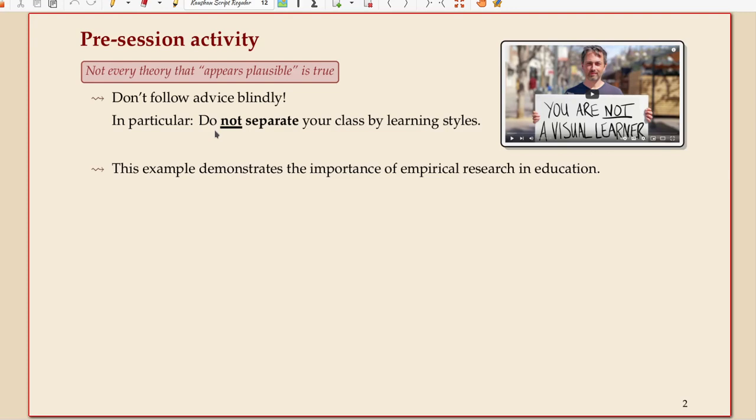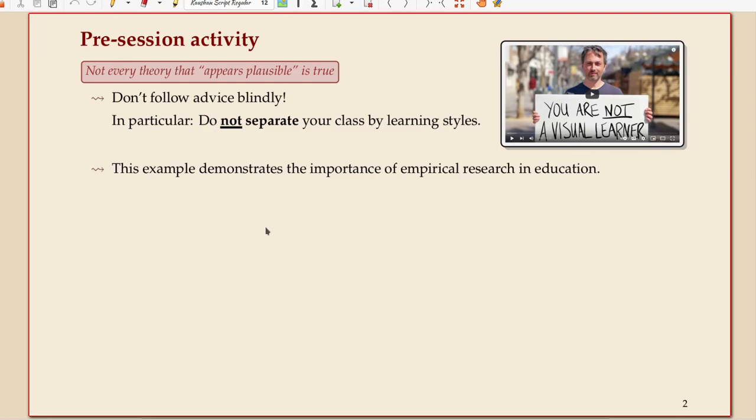It just turns out that this doesn't seem to be true. There are different ways to represent things, and sometimes one is more efficient, sometimes another is more efficient. But separating your learners by different styles just doesn't seem to help. And if anything, it might even hurt if you distribute your attention.